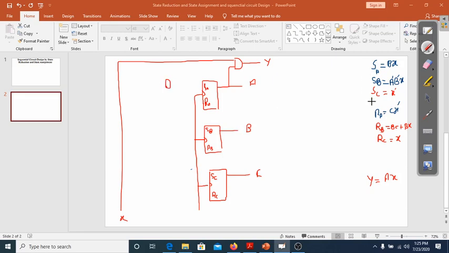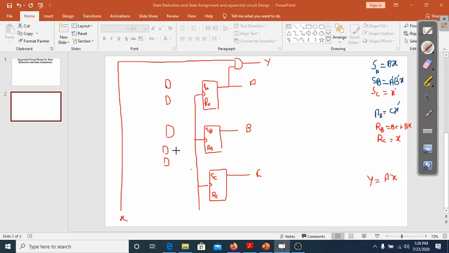For RA I need to use another AND gate, for SB I need a 3 input AND gate, and for RB I need 2 AND gates and 1 OR gate.